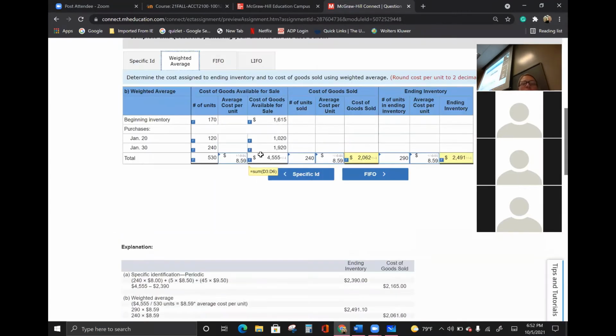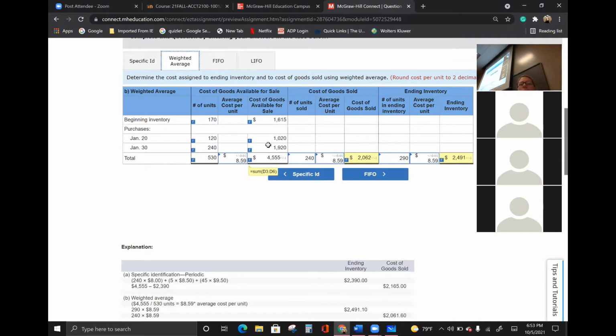Okay, so we're going to list out everything that we have in beginning plus purchases to get our available. What do we have available? Anytime you're doing the periodic, you want to do it this way. Okay, so I have the 530 units and I want to know what my total cost is. The reason why is because I have to find the average.